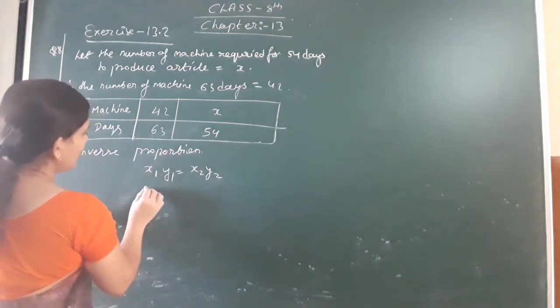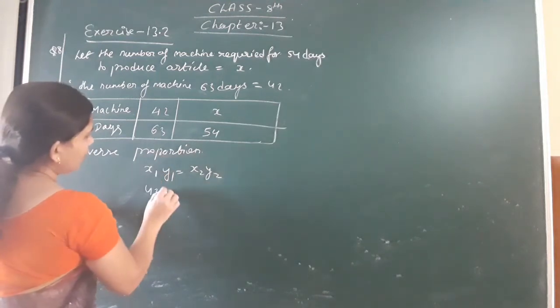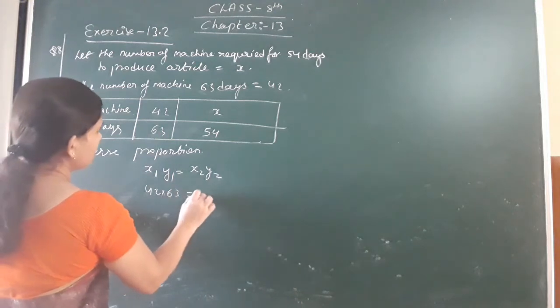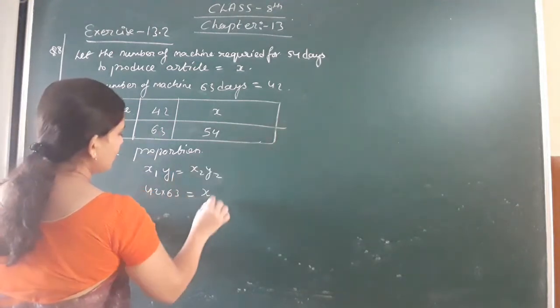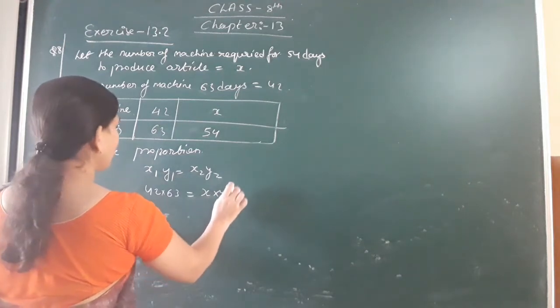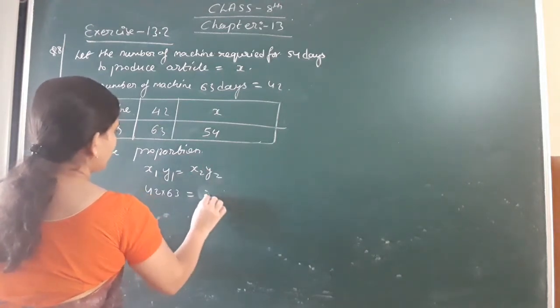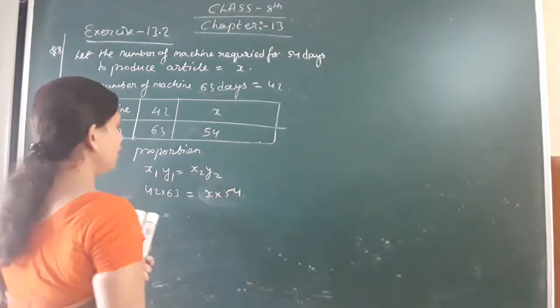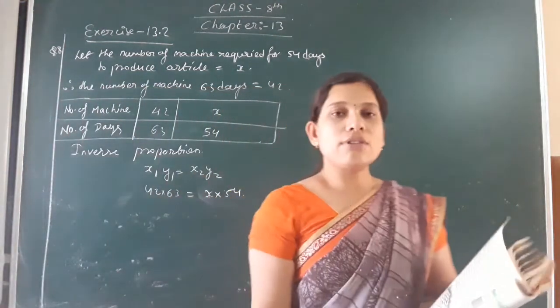So here x1 we are having as 42, y1 we are having as 63, equals to x2, we are having x, and y2 we are having as 54. Clear to everyone?